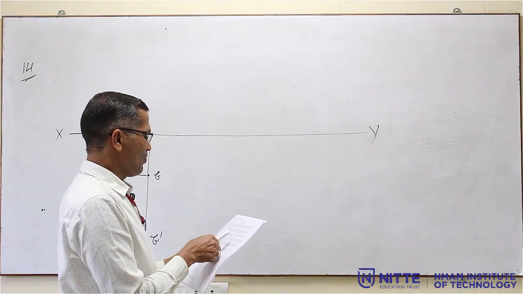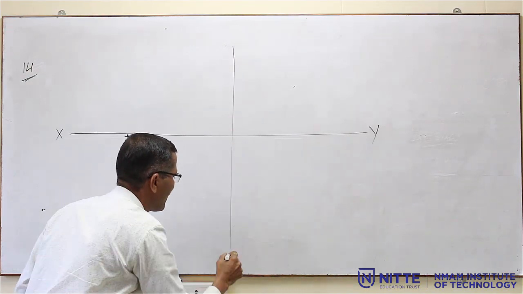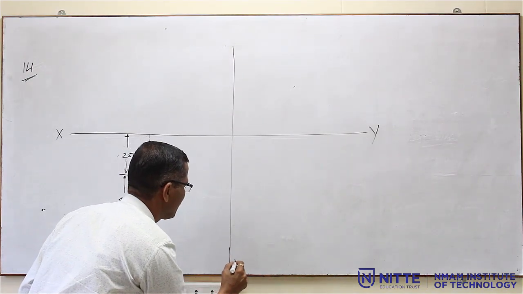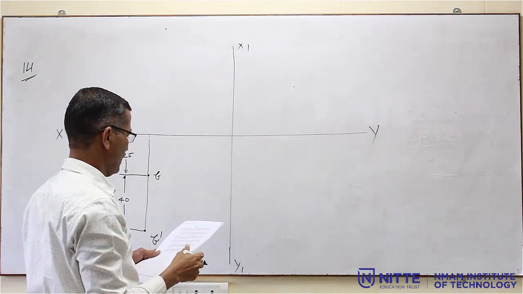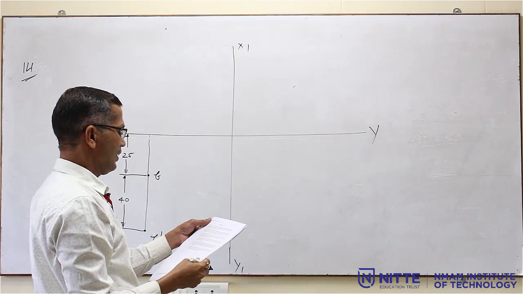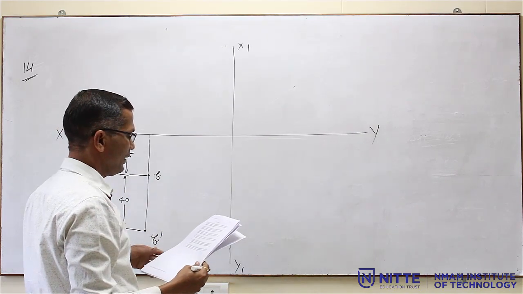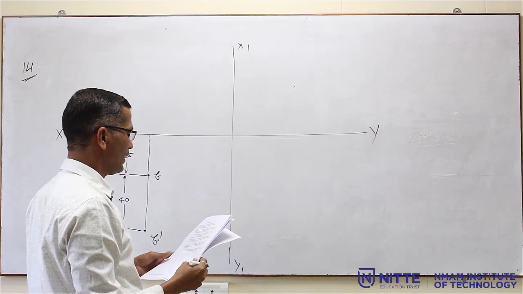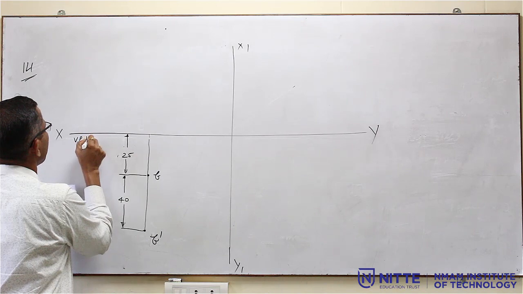Now, from the profile view they have not mentioned any distance. So, that is why I can draw the x1 y1 line anywhere. So, this is x1 y1, and both the views are below the xy line. So, that is why it is the fourth quadrant. I can write VP comma HP here.